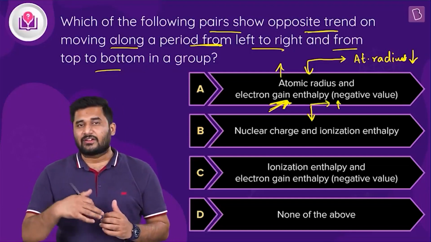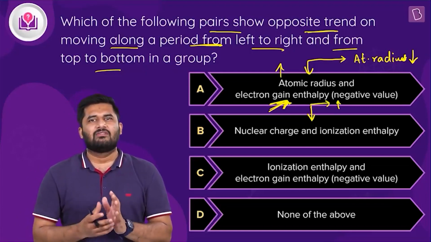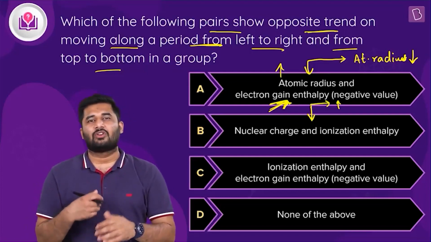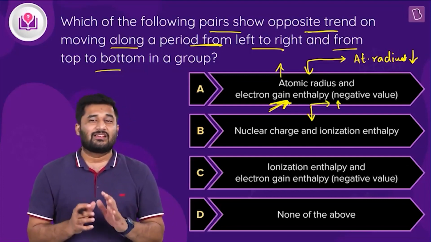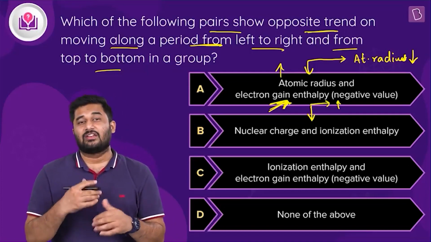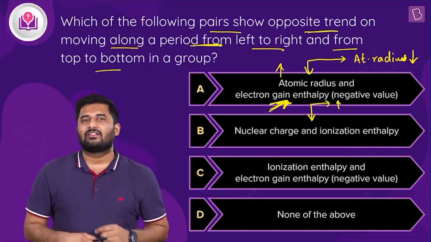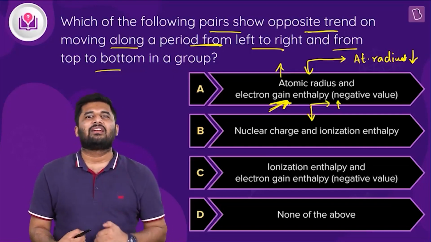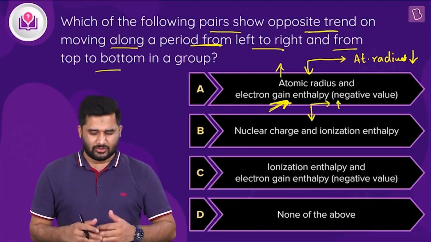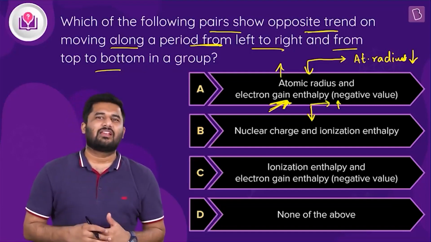Since the effective nuclear charge is decreasing down the group, or remaining constant, the addition of an extra electron from outside this time is not that favorable, which means the negative value of electron gain enthalpy will not increase down the group. And secondly, down the group metallic character increases, and we know that metals are known to lose electrons and not to gain, which also supports the fact that the negative value of electron gain enthalpy decreases as you move down the group.